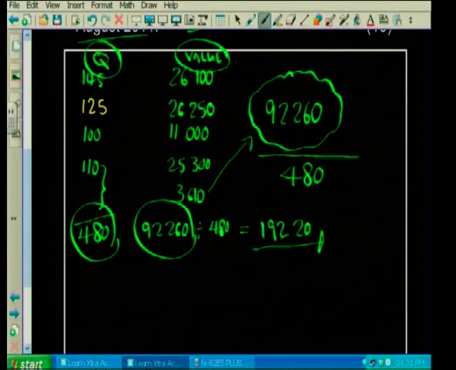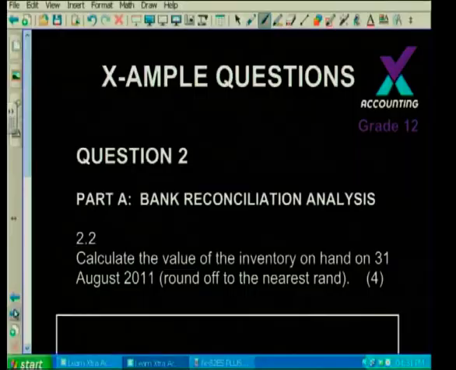Therefore, important, add your quantities to give you the 480, add the values to give you 92,260, divide it, and it's going to give you the average of one pair. There goes, 192.20. Not so bad, isn't it? I'm sure you're beginning to understand and get to grips with this here. Next question.